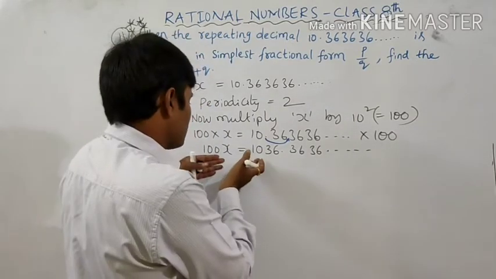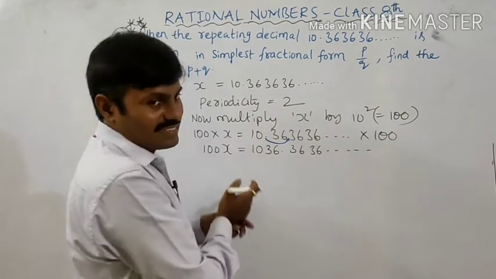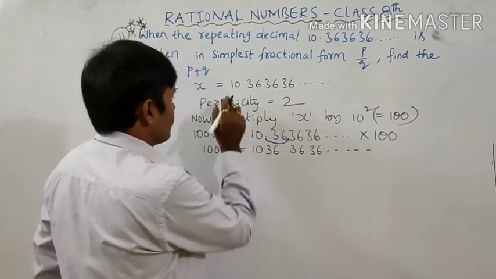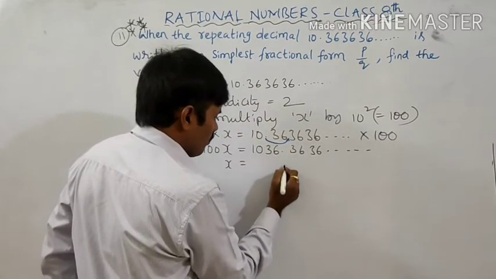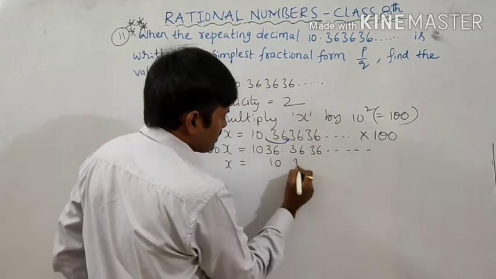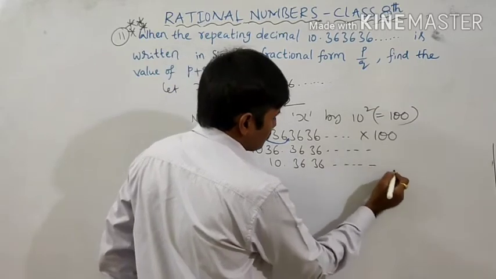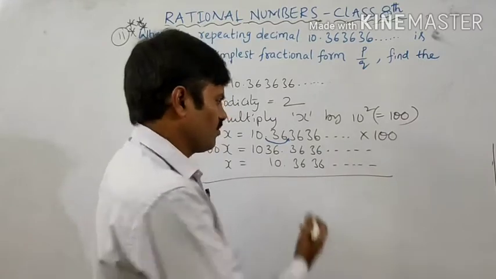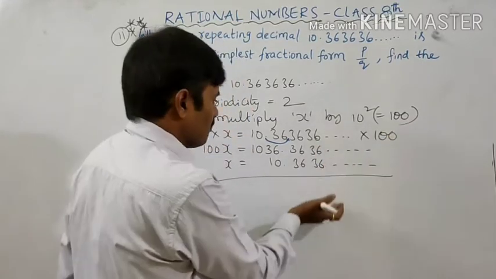What is the procedure? Now I have to subtract the value of x from this 100x. What is the value of x? x is equal to 10.363636 and so on. Here I wrote 2 times, no problem; if you take any number of times, the same number will come.